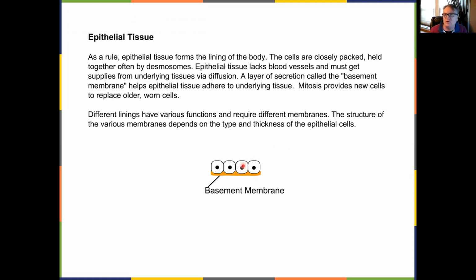The characteristic of epithelial tissue is, well, they rapidly undergo mitosis because they are exposed to the outer environment, whether that be the outer world out here, but also the internal body cavities and the linings of organs. They are subjected to mechanical stress and therefore get damaged quite often.